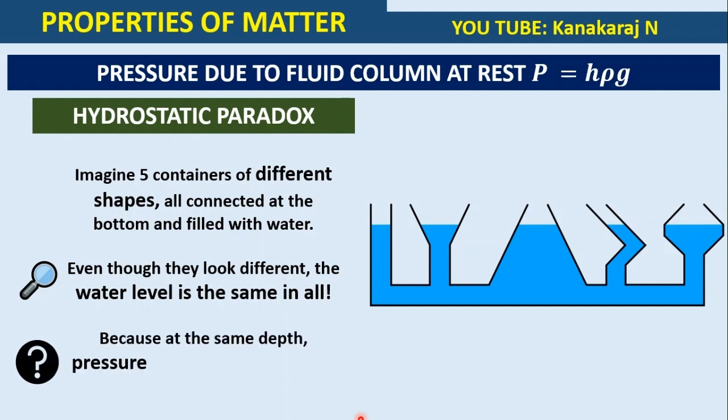Because at the same depth, pressure is the same, no matter the container shape, because pressure depends on H rho g, but not on the area. But remember, the weight of the liquid in each column will be different.